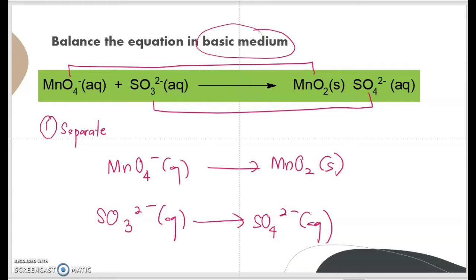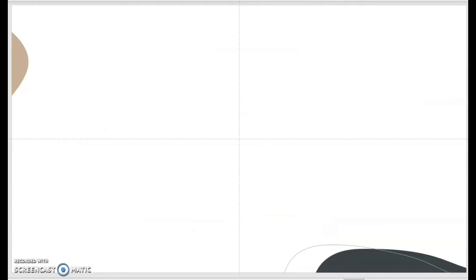The second part is we have to balance the atom and charge for each half equation. This step is also the same between basic and acidic medium. Alright, so the next step is we want to balance the charge and the ion.